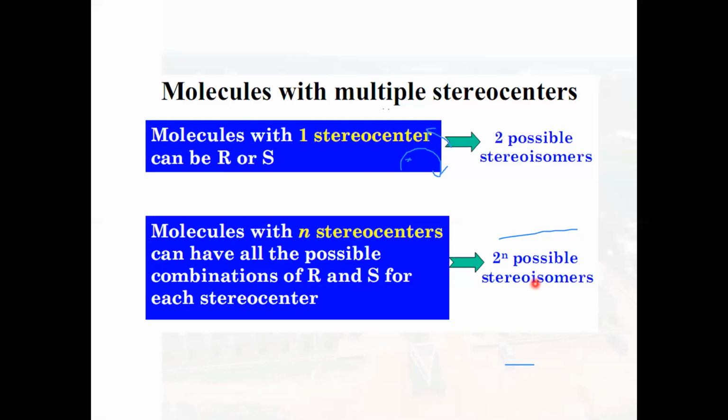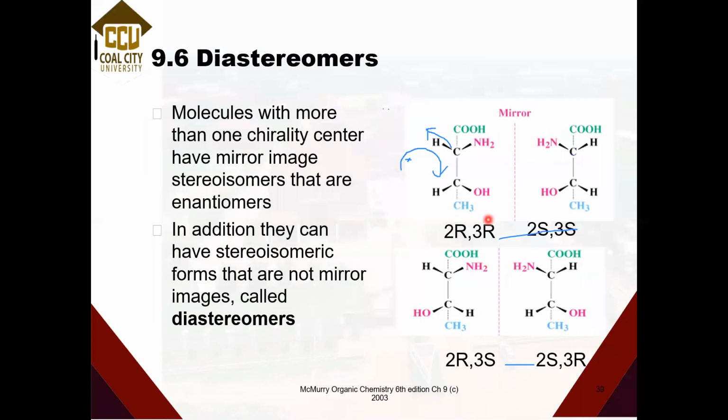So we also have what we call diastereomers. We have molecules with more than 1 chirality center. They have mirror images, that is stereoisomers, that are enantiomers. But in addition, they can also have stereoisomeric forms that are not mirror images, called diastereomers.